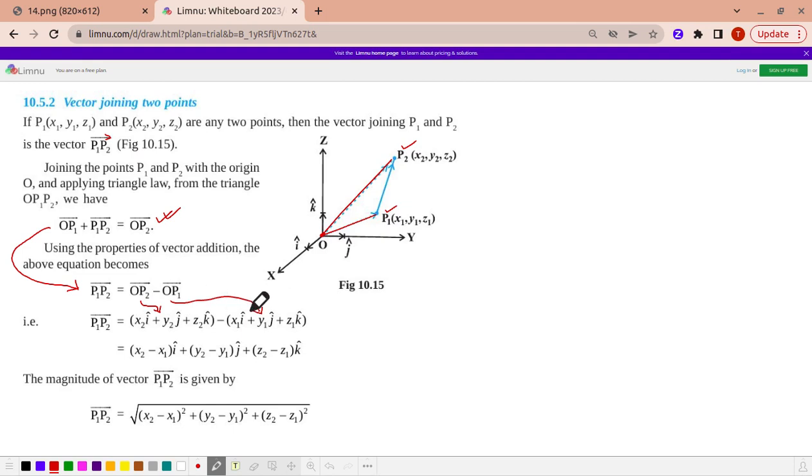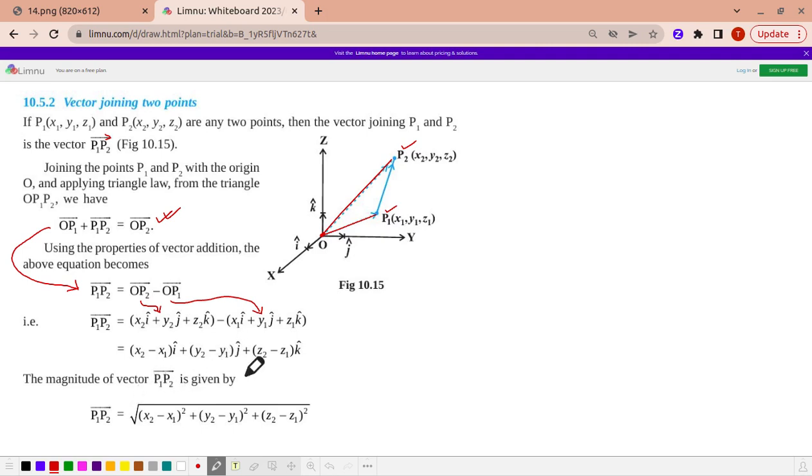We have learned earlier the properties: if A and B are represented in component form, then how to find A plus B. Similarly, for A minus B, it is the difference of the i, j and k components. That is, x2 minus x1 i cap plus y2 minus y1 j cap plus z2 minus z1 k cap.